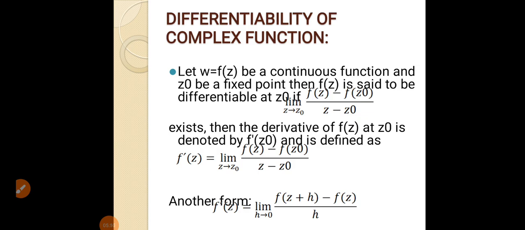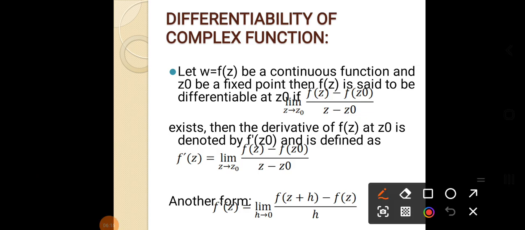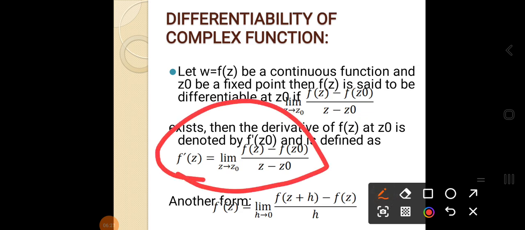The derivative of f(z) at z0 is denoted by f'(z0) and is defined as f'(z0) = limit as z tends to z0 of (f(z) - f(z0)) / (z - z0). This is the definition of differentiability.